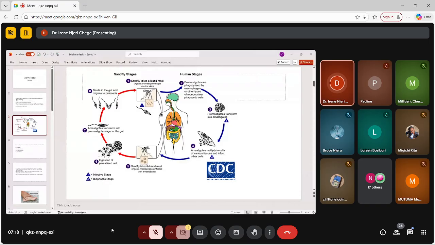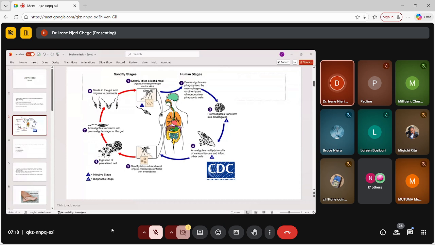When it ingests a blood meal, it's able to pick up this parasite, and then the amastigote transforms into a promastigote in the gut of the insect. Then it divides, and then again the sandfly can take another blood meal and inject the promastigote.